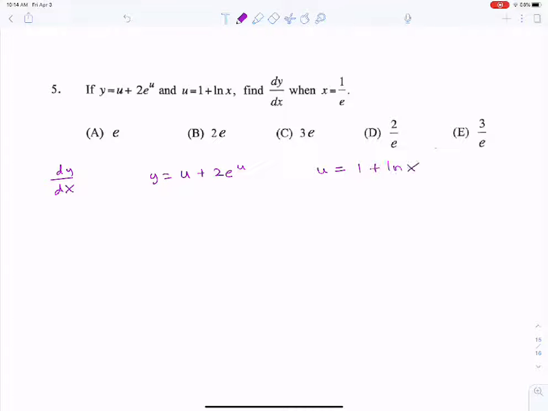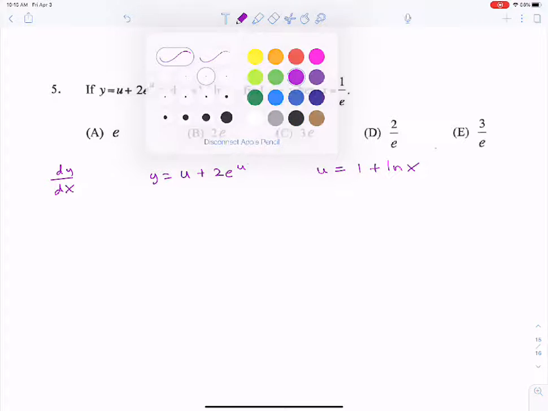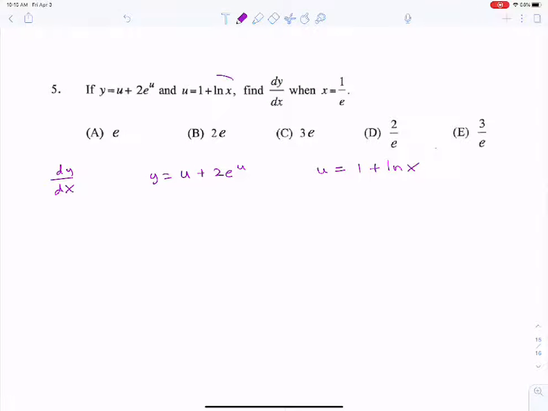Okay, so let's think about what's going on here. I've got a couple choices of what I could do. One thing I could do, and I don't see why it wouldn't work, is that anytime I have a u, I could plug in this thing.